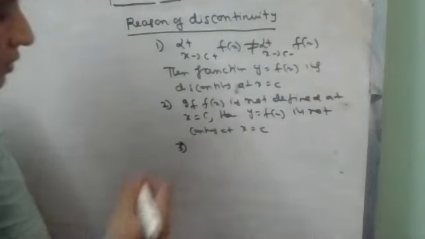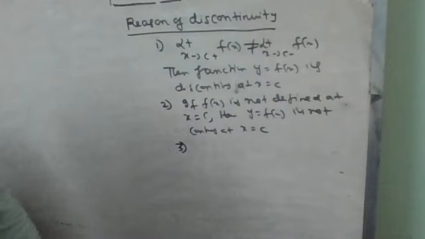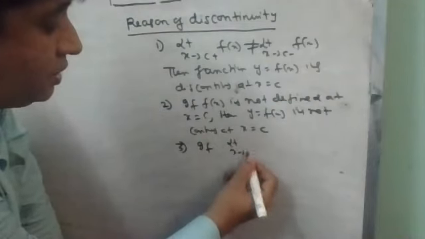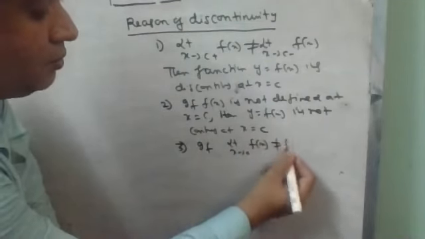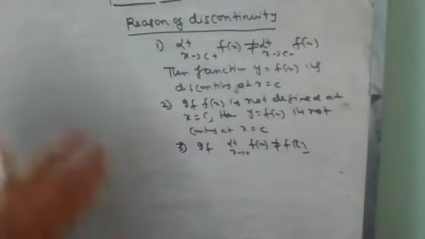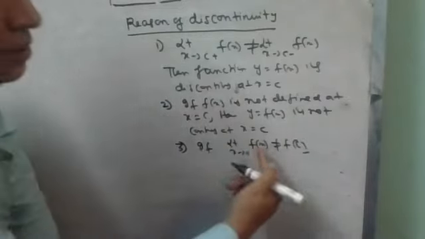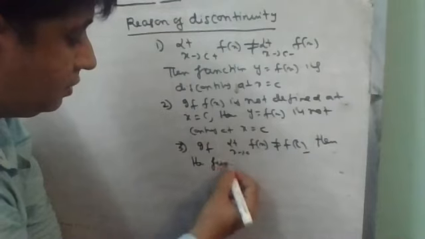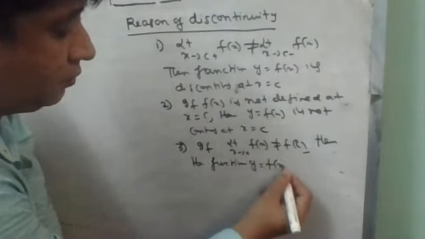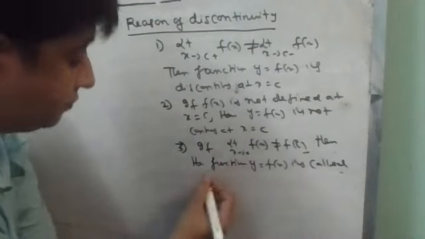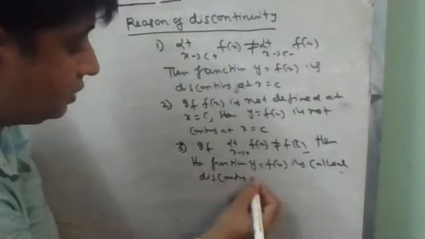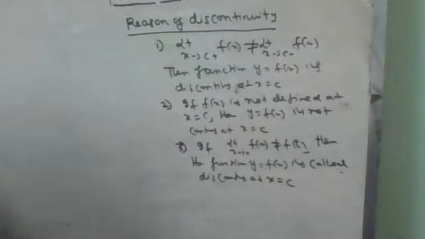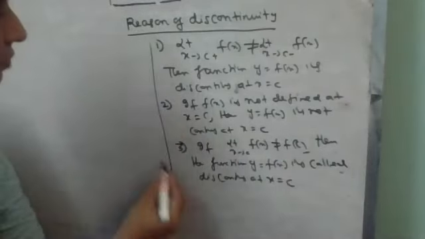And the third reason is if limit x tends to c exists but not equal to f(c), meaning left hand limit and right hand limit are equal, but that is not equal to f(c), then the function y is equal to f(x) is called discontinuous at x is equal to c. These are the three reasons for which a function becomes discontinuous.